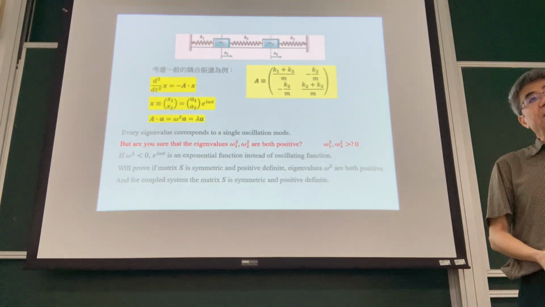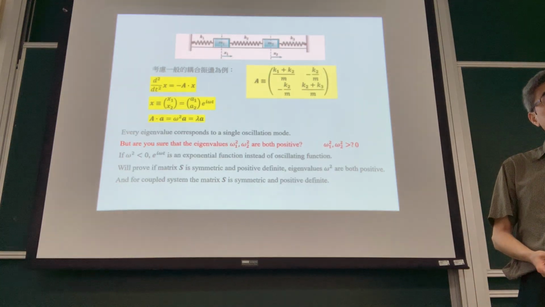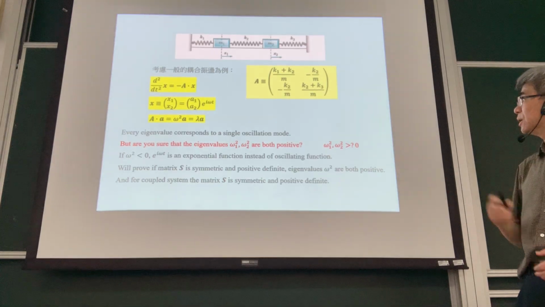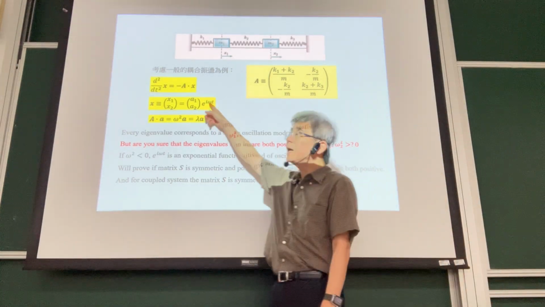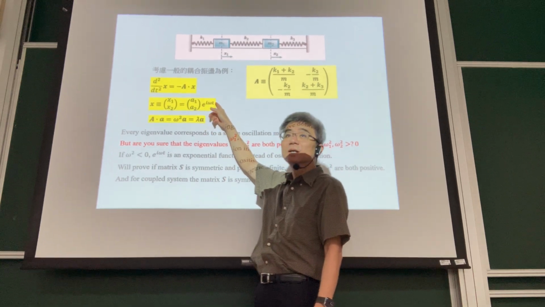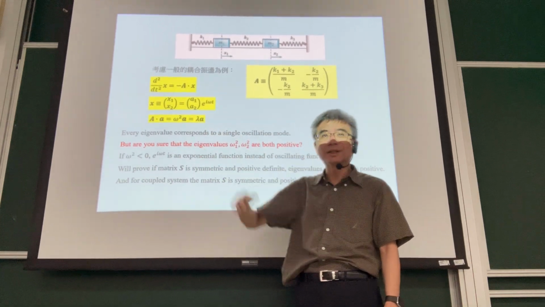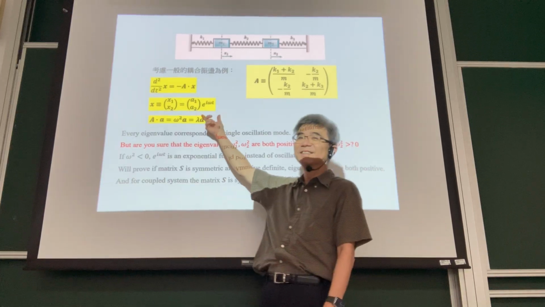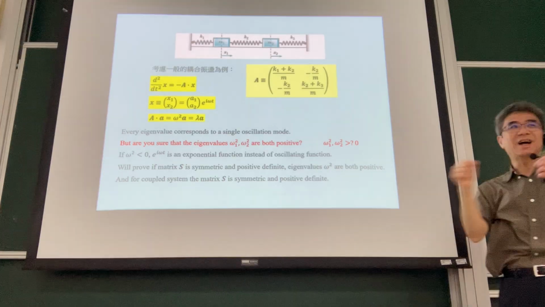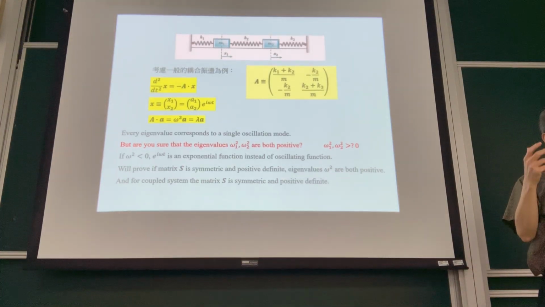But the point is, omega should be a real number. If omega is not a real number, then this exponential i omega t will have an exponentially decreasing function inside. It's not what we expect, right? Because this is just an oscillation system with no friction.